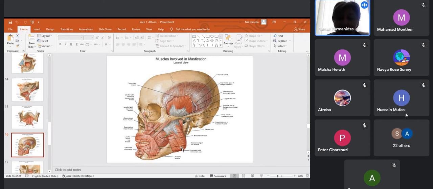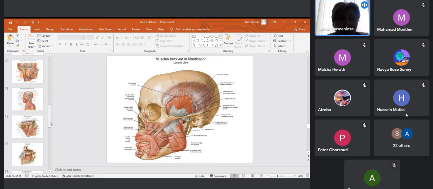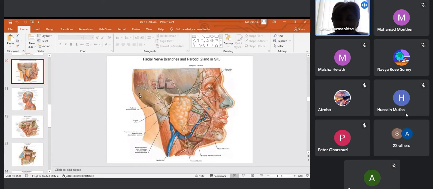So more deeply on the facial part of the head, we have what? These muscles of mastication. We have told that on the lateral part of the face, we have more superficially what? The parotid masseteric region. This is the parotid masseteric region, what we see on the picture, which is bounded superiorly by the zygomatic arch.